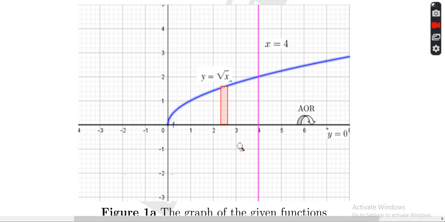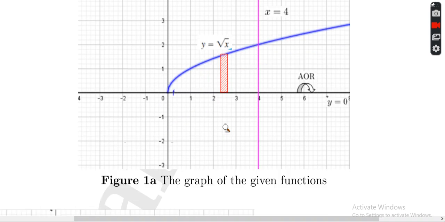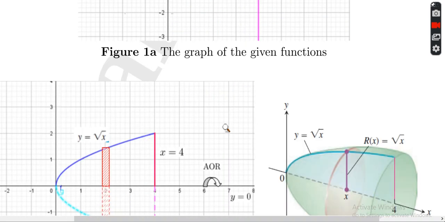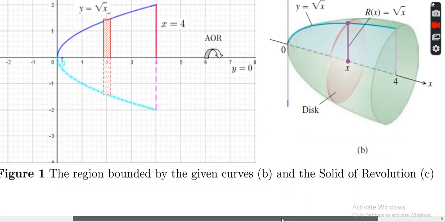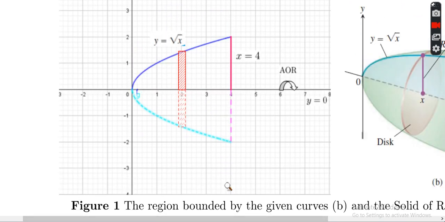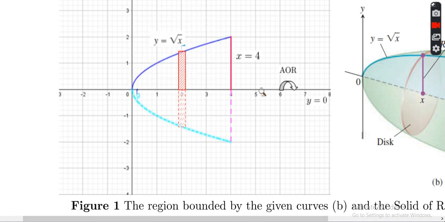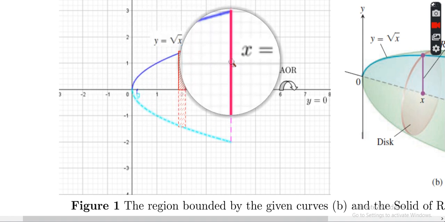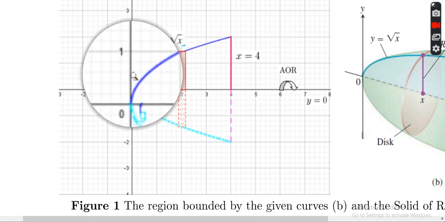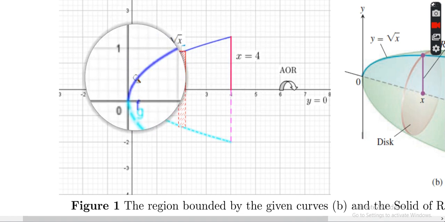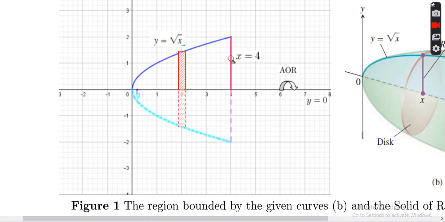Okay, so ito yung graph. That's figure 1A. So yung figure 1B, ito yung ating region. Ito yung ating strip, rectangular strip. This is the axis of revolution. This is your function, y equals the square root of x. Ito yung boundary natin, x equals 0. Ito yung x equals 4.